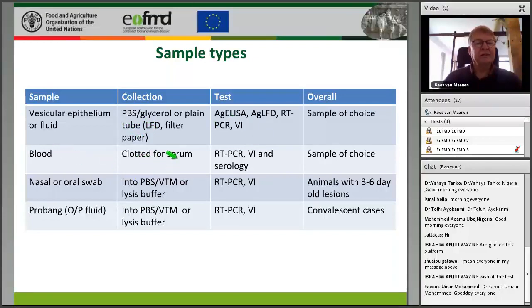Blood, you can do clotted blood for serum, and that is useful for virus isolation, for RT-PCR, and for serology. Nasal or oral swabs you can use for acute lesions, and you can take probing samples also in an appropriate buffer for RT-PCR and virus isolation in convalescent cases.